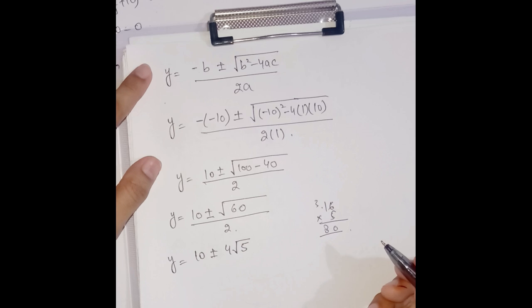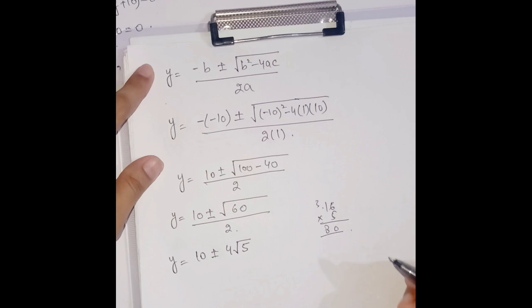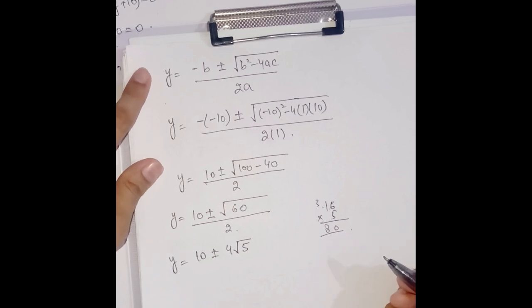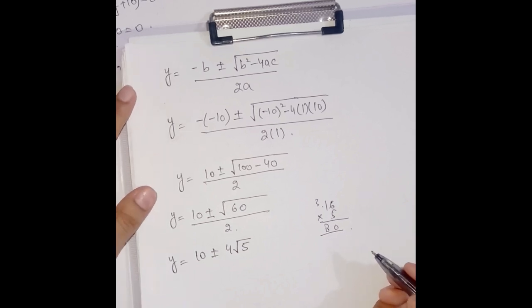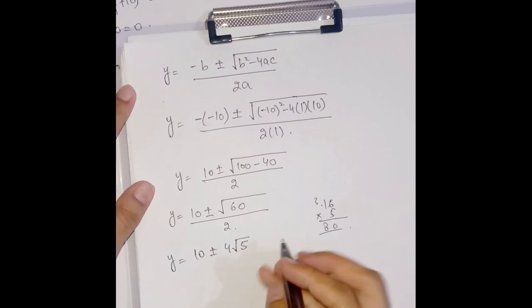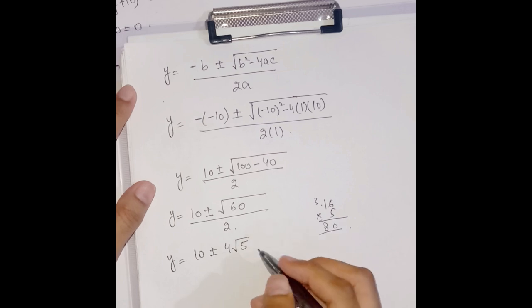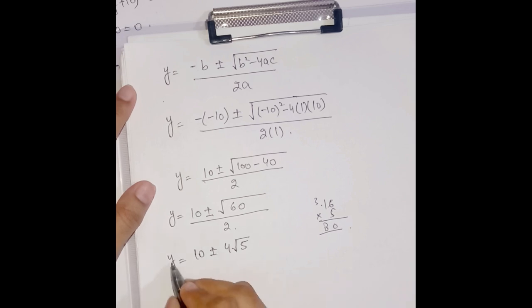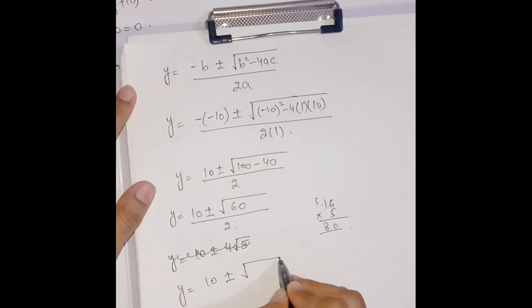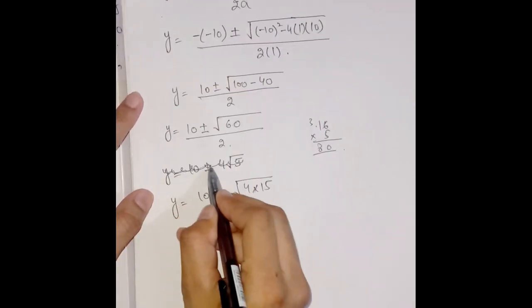So we need to do this as 4 times 15. y is equal to 10 plus minus the square root of 4 times 15. Sorry for this one.